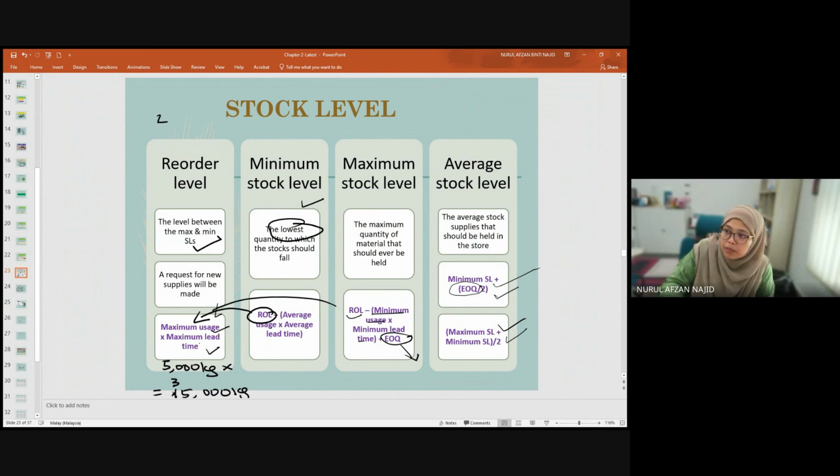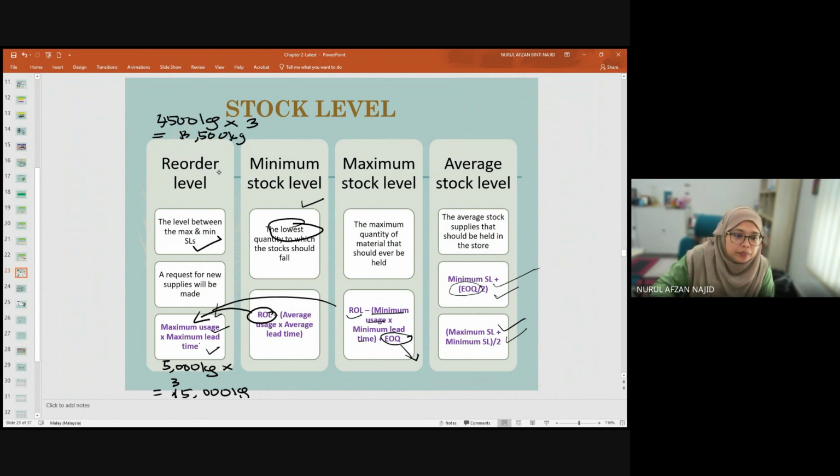So you letak 4,500 kg darabkan dengan maximum lead time. Maximum 3 minggu. Darabkan dengan 3. Tak payahlah nak convert daily, annually. Ambil as it is. You don't need to convert the figure. Kalau dia kata 3 minggu, 3. Kalau dia kata 3 hari, 3. 4 hari, 4. Darab je dengan tu. Tak perlu nak convert annual. Darab je. So you akan dapat jawapan dia adalah 13,500. Madam dah kira awal, so madam just copy that.